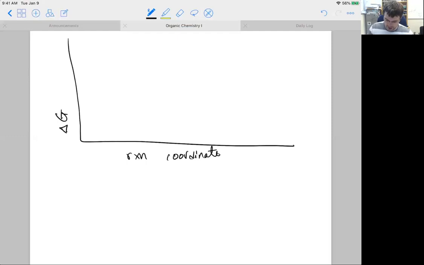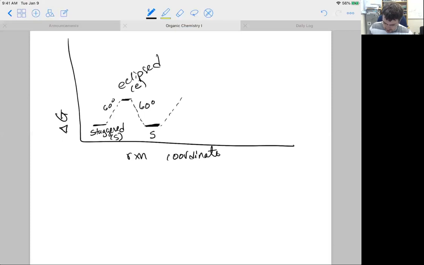Well, for 360 degrees, we need to start staggered. I like to start staggered because, why not? It's a low energy state. We need to do a 60-degree rotation, then a 60-degree rotation, and this is exactly what I drew on the last page. So we go from staggered, or an S conformation, to an eclipsed, or E conformation, back to staggered.